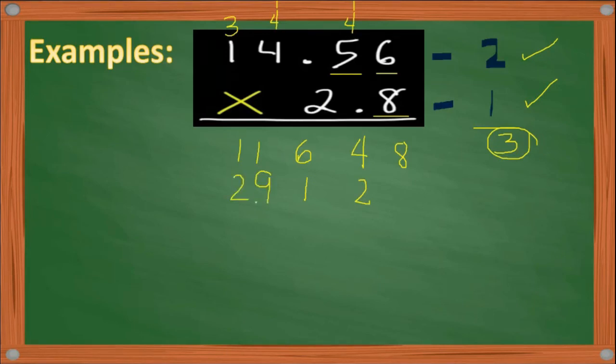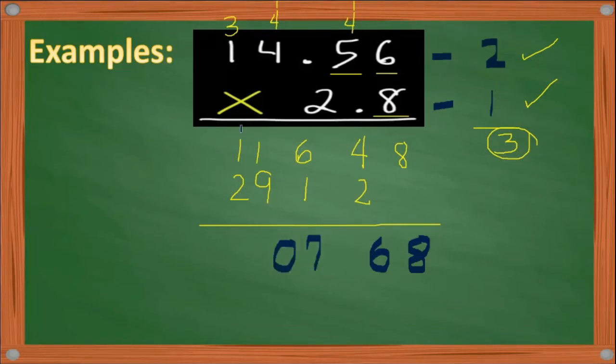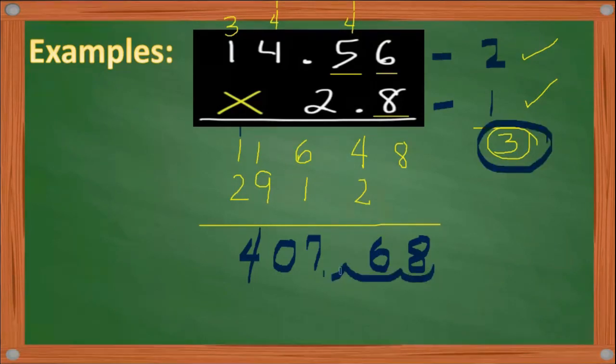And then add. So this is 8, this is 6, this is 7, this is 10, carry 1, and 4. You need to move your decimal point 3 times. Mula sa dulo, isa, dalawa, tatlo.